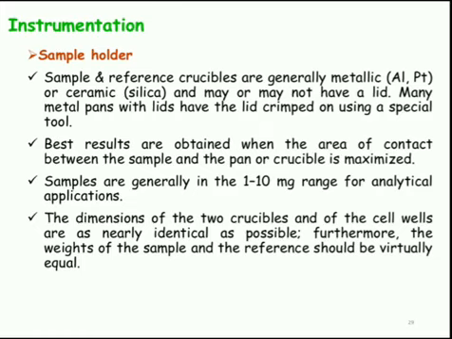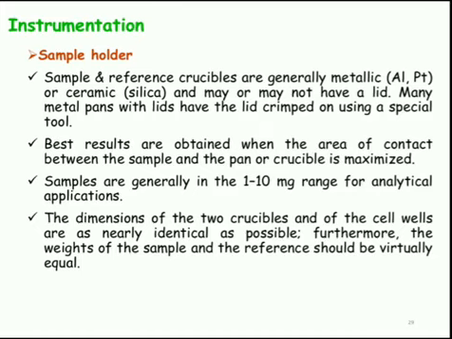Here we are going to discuss mainly these parts of the DTA instrument: the furnace and the furnace holder, furnace programmer and controller, that is FTS, detectors or temperature sensors, and recorder.